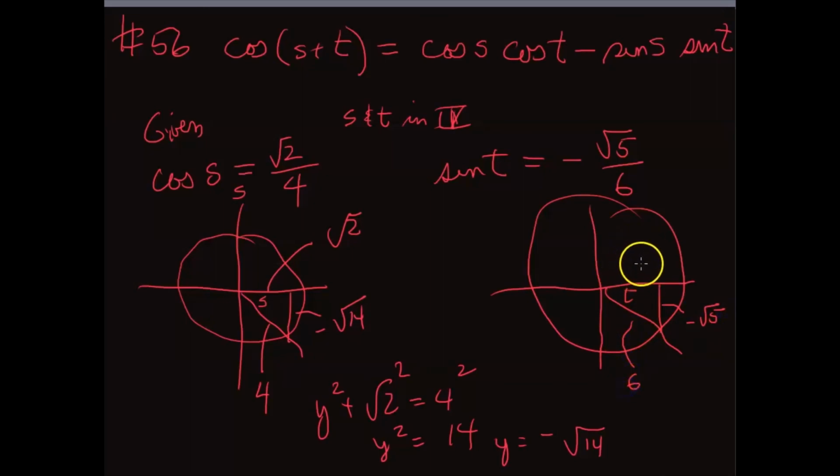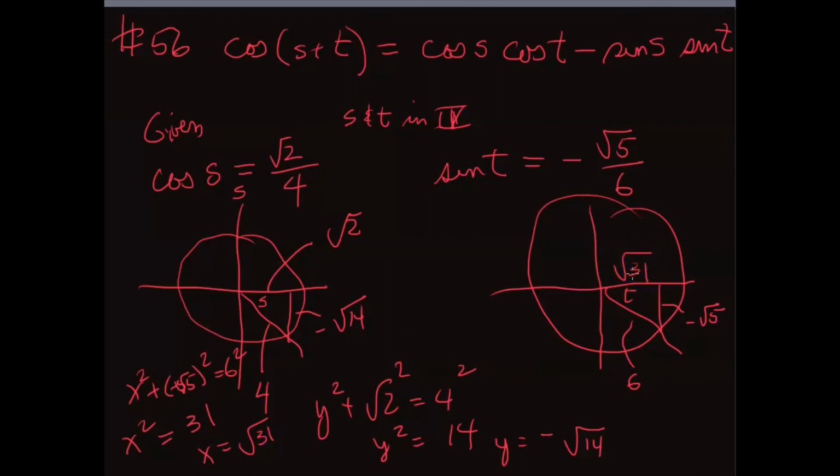So this is x, and I need x squared plus negative square root of 5 squared is equal to 6 squared. So x squared, let's see, subtract 5 from 36 is 31. So x is the square root of 31, positive or negative? 4th quadrant, positive.